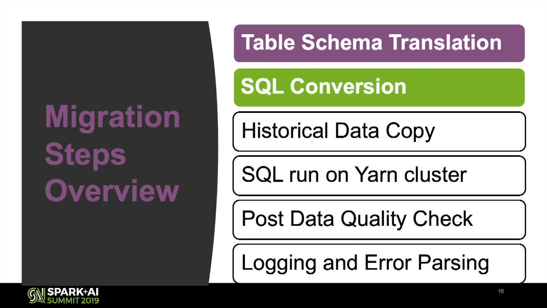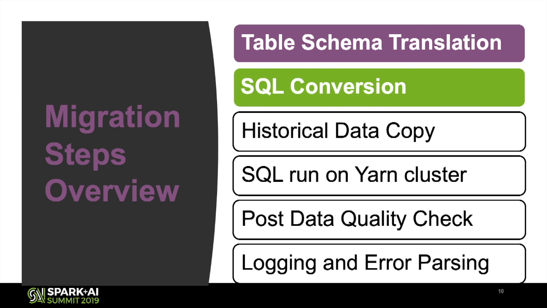Before we go to the detail, let us take a look at the key steps for a typical migration from ADBMS to Spark. First, the table schema or DDL has to be translated to the Spark version. It may not be a simple one-to-one mapping. Then we do the SQL conversion.